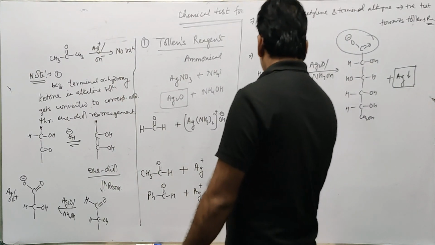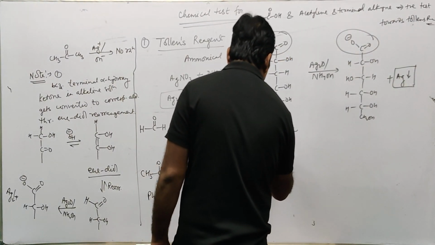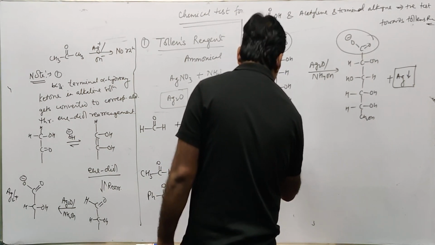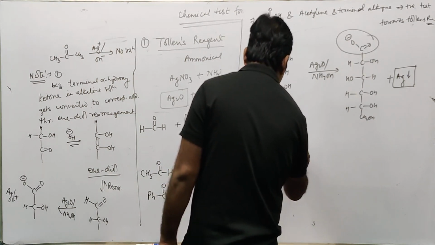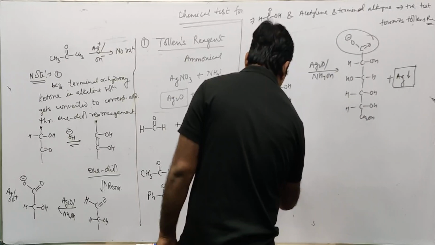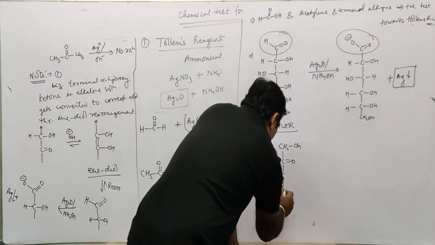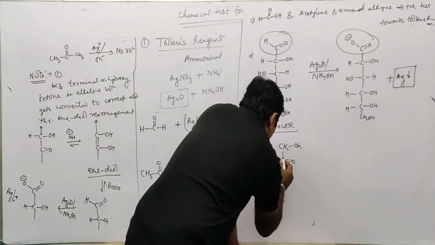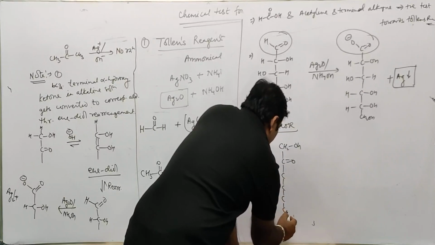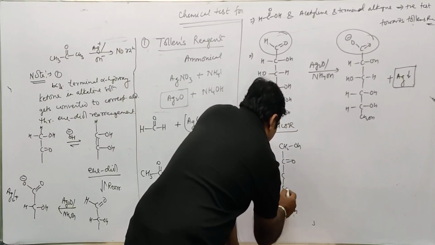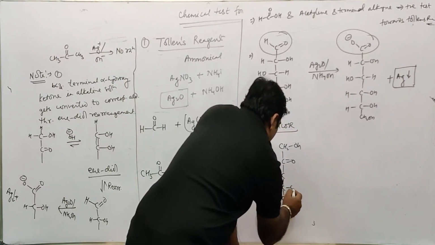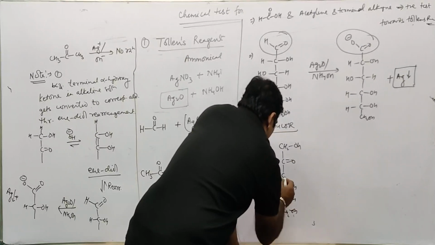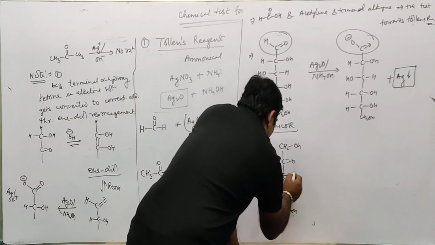If there is a ketone, that is fructose. If we take fructose, CH2OH, C double bond O, then CH2OH, CHOH, and then CHOH.